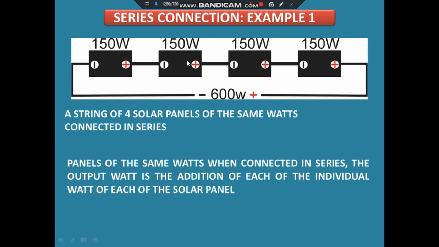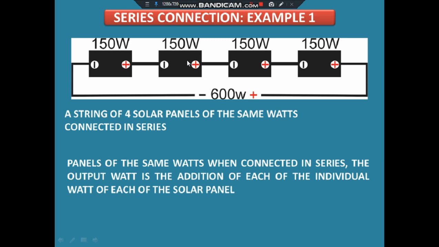I don't know whether you are able to correlate the information that we are passing here. If it were a 24 volt system, you can go for just one solar panel that is 600 watts, or a 300 watt solar panel.